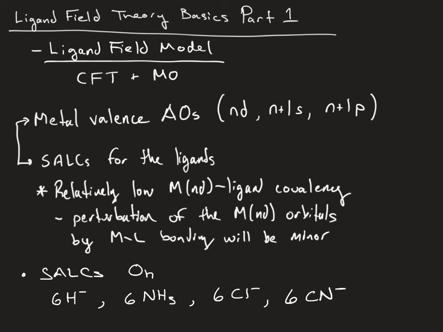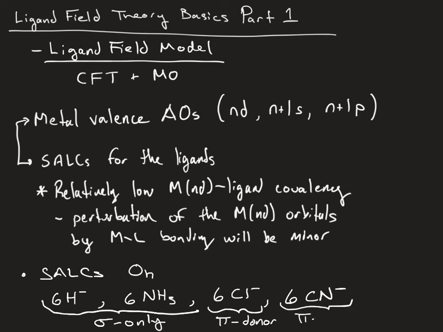The reason we've done this is because we have so-called sigma-only donors, a so-called pi donor ligand, and a so-called pi-acceptor ligand. The second video will apply these SALCs towards the construction of a ligand field diagram, wherein a metal will be surrounded by these ligands.